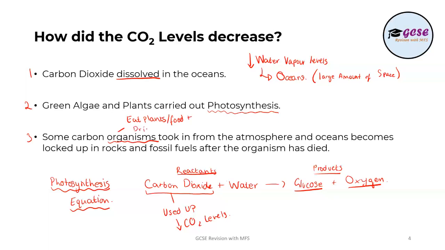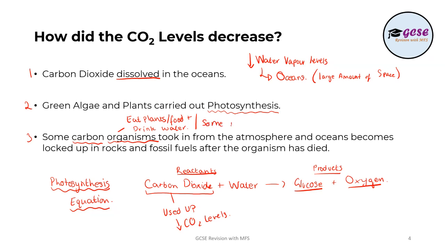After they've eaten and drunk, some of this is excreted as feces or urine, but some of it is also stored by the organism itself. So some of the carbon is just stored in the organism instead of being released back into the atmosphere.